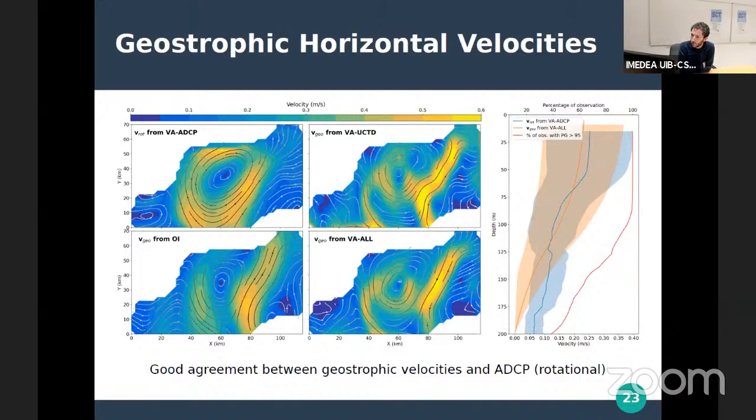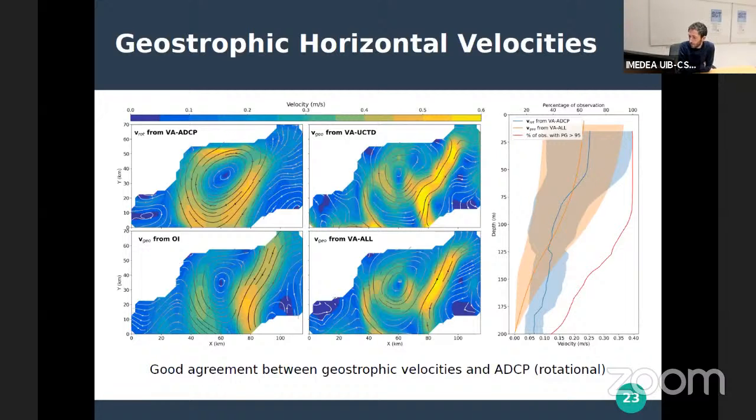That's probably because even if the gradients are preserved in this variational approach, the lack of data between the transects generates artifacts and meanders. Instead, the OI, the bottom left, presents a much smoother field, but the magnitude is really weaker and not comparable with the one of the ADCP.